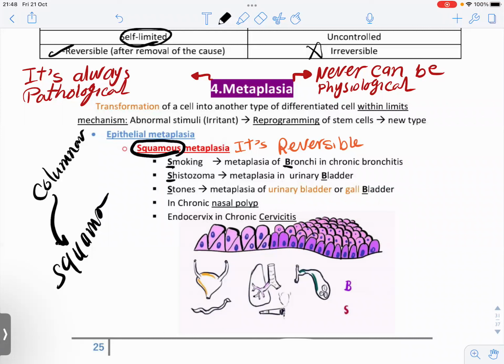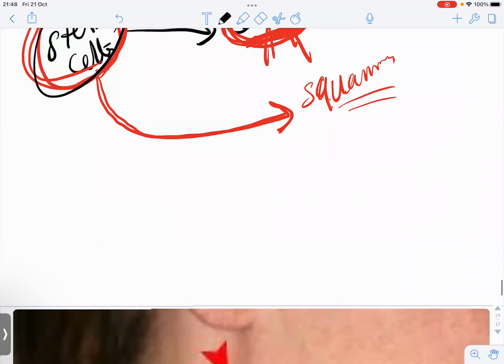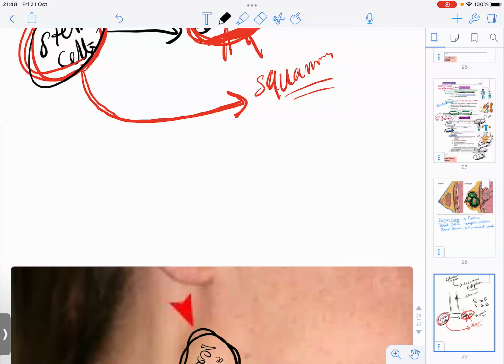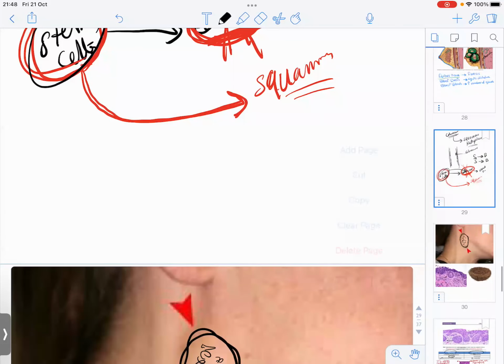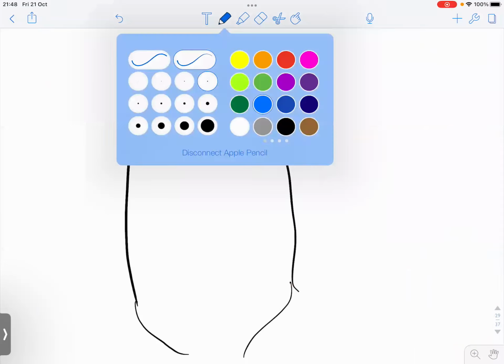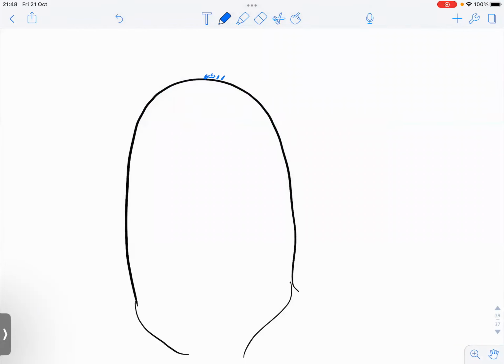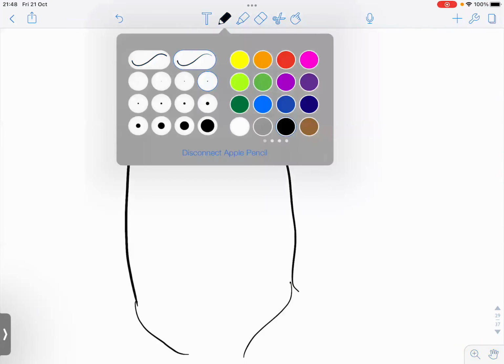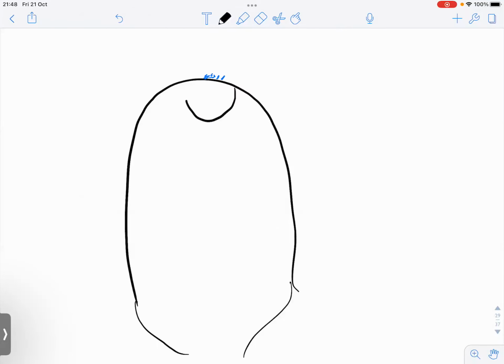The second one is schistosoma inside the urinary bladder. You remember when we discussed hyperplasia, there's the bladder, and here you have irritation with bilharziasis, and then the epithelium will start to form Brunn nests.